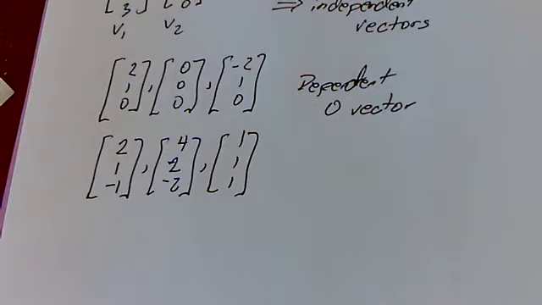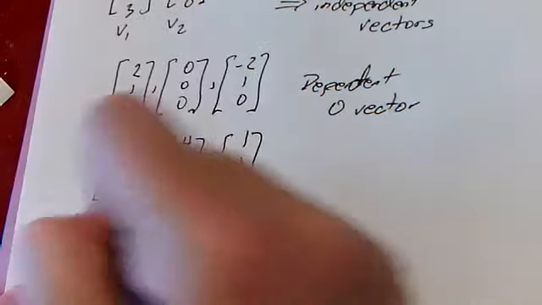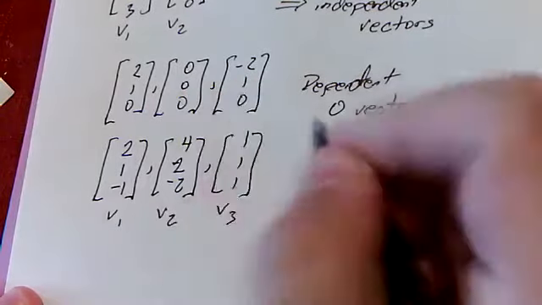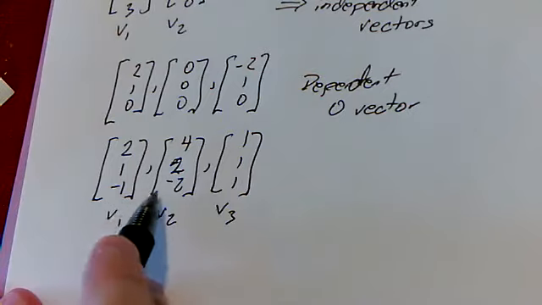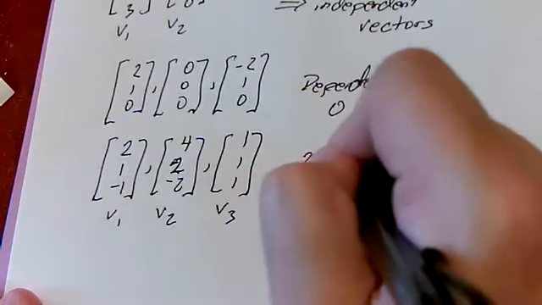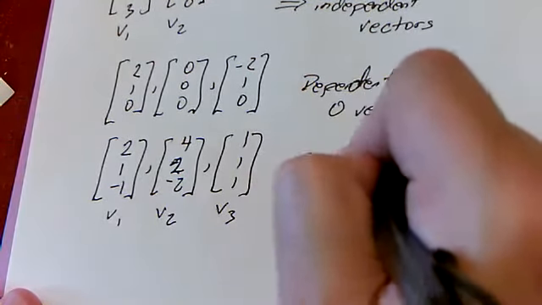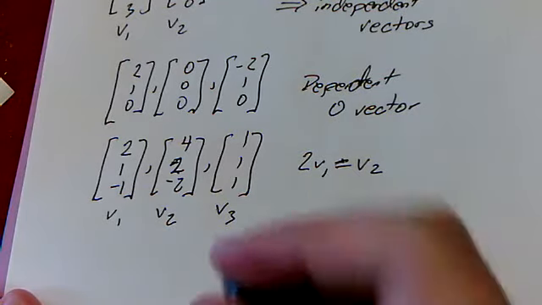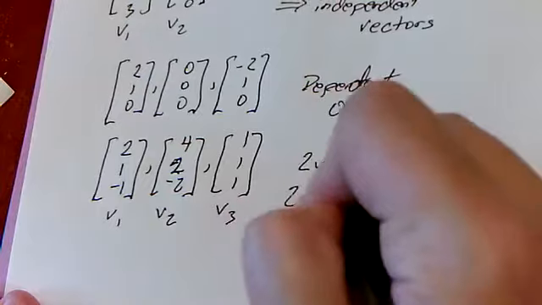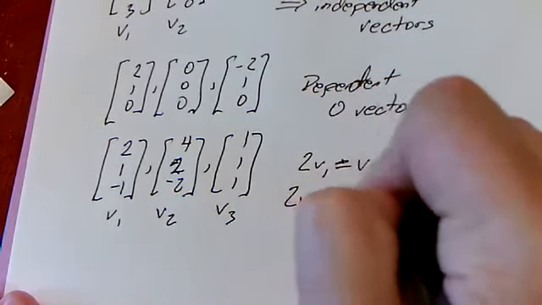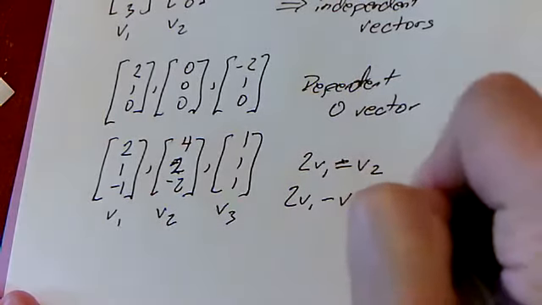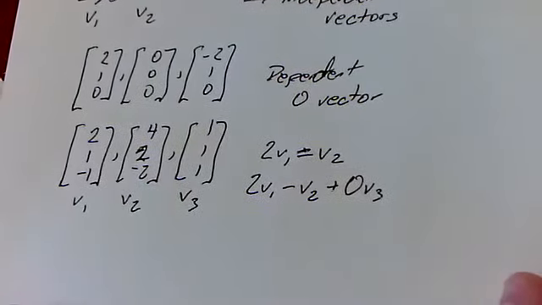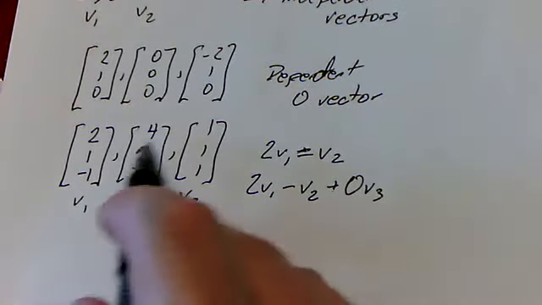As I look at these vectors here, I can see then that V1 and V2 are multiples of each other. If I multiply V1 by 2, I get V2. I can see that 2V1 is equal to V2. So that means I could set up a dependence relation, 2V1 minus V2, and then it doesn't matter what happens to V3. Actually, it does matter. I need to make it 0 because it doesn't line up here.